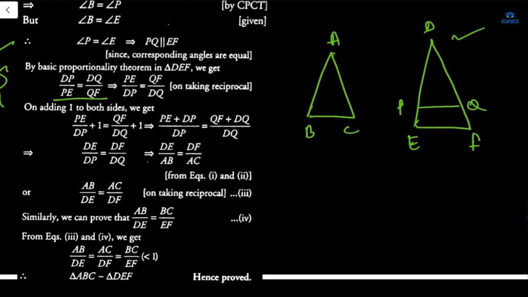Okay, so after adding 1 on both the sides and solving, what I got is that DE, the complete length, upon DP is equal to DF upon DQ. Why am I doing this? Because DP I can equate to AB and DQ to AC. So now I'm going to replace DP and DQ with AB and AC, from the first and second equation.